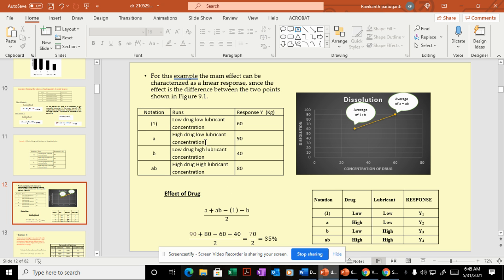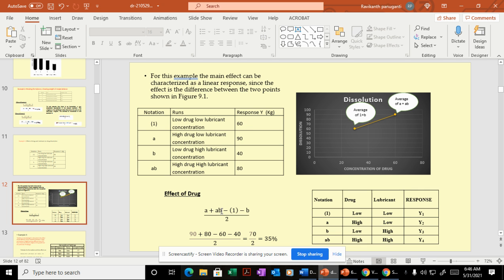So always, in order to see the effect of a particular factor, we have to subtract the low level from the high level. As we want to see the effect of the drug here, we are subtracting the response when we have taken the low level of drug concentrations.